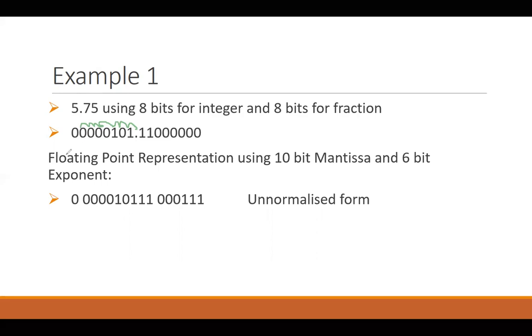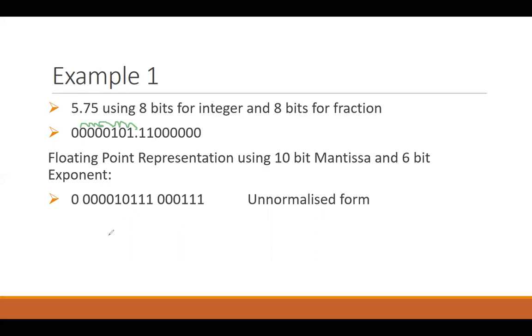I made 7 shifts, and so the value of my exponent would be 7. This triple one is 7. It is stored in 6 bits. And this is my mantissa.